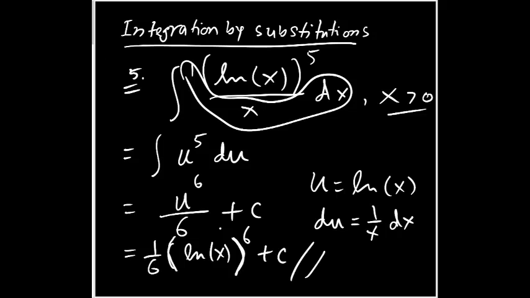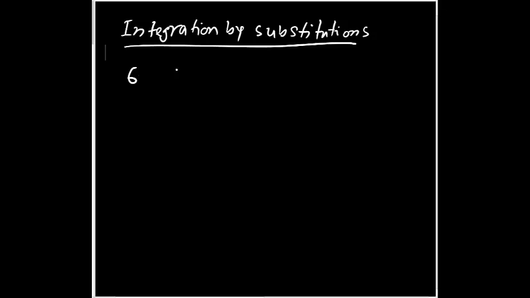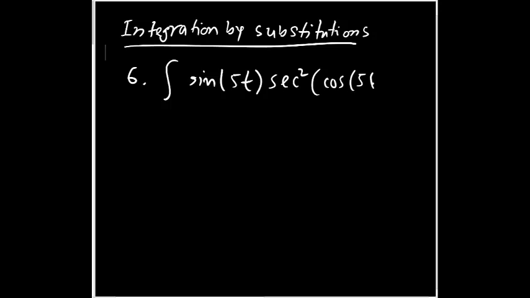I'll take another one, trig function type, number 6. This integration, we have sine 5t and then secant squared of cosine 5t dt. Okay, looks very ugly, but it's very simple.